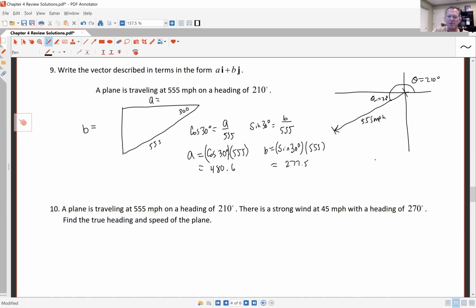So we need to use negative 480.6. And B, we need to use negative 277.5 because it's in quadrant 3. So this vector heading in rectangular coordinates is negative 480.6 I minus 277.5 J.